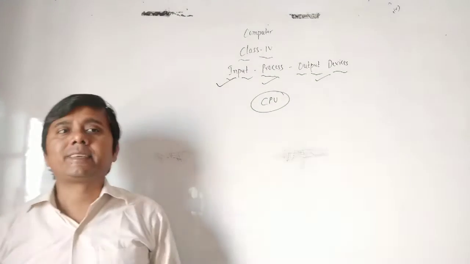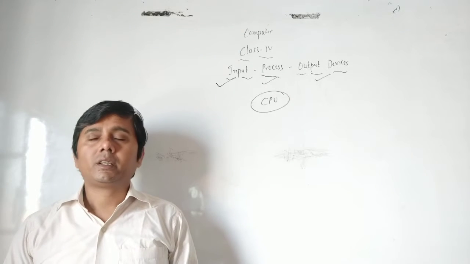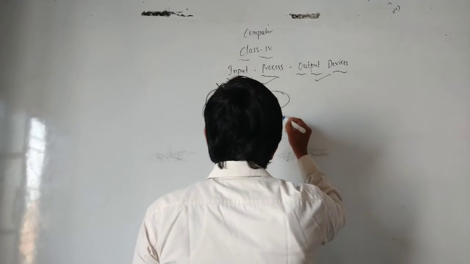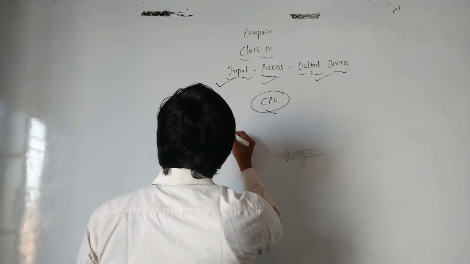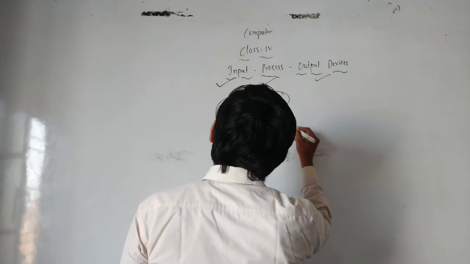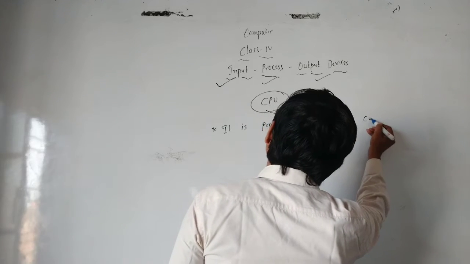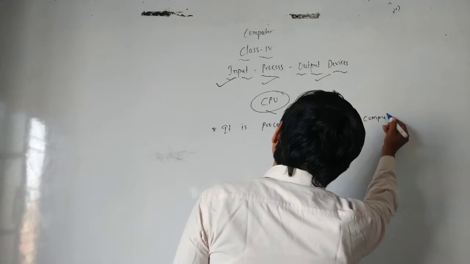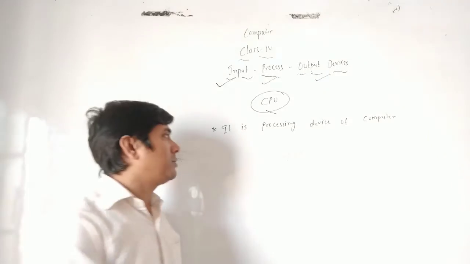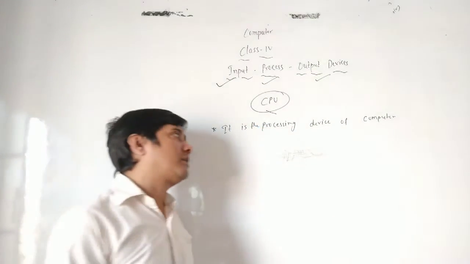CPU means Central Processing Unit. CPU is the processing device of a computer.